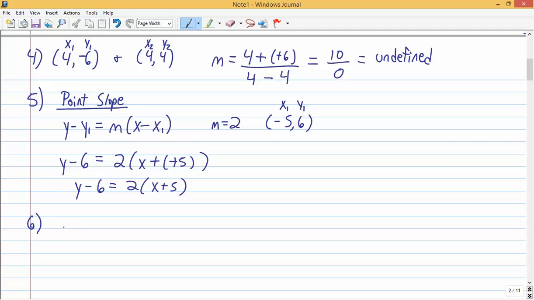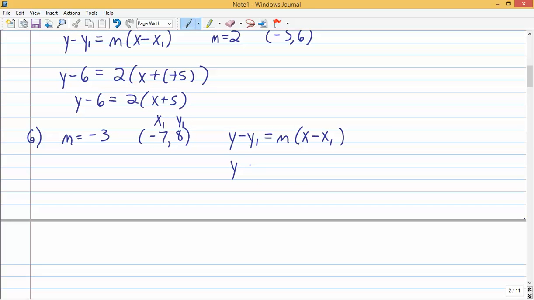Alright, so we're given slope equals negative 3, passing through the point negative 7, 8. Alright, so y minus y sub 1 equals m times x minus x sub 1 is point slope form. We're first going to put it in this form, and then we're going to make it y equals. Alright, so label your point. There's your x sub 1 and your y sub 1.